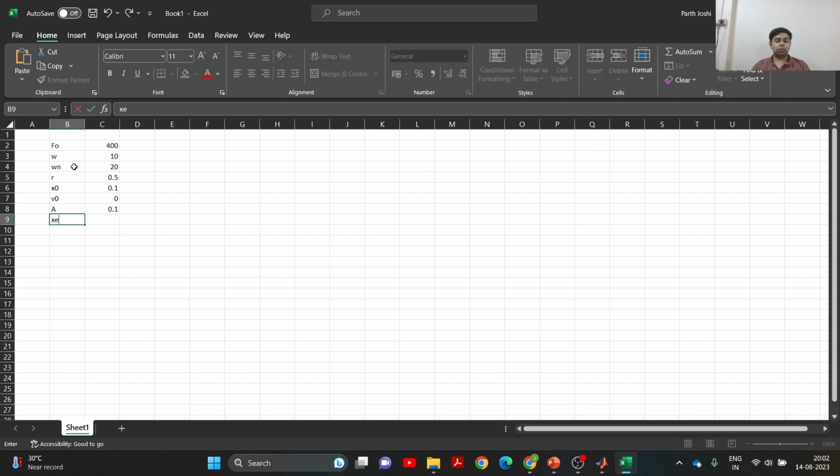So zeta is 0.1. So B is zeta into A upon square root of 1 minus zeta square. So we now have calculated the value of B as well.